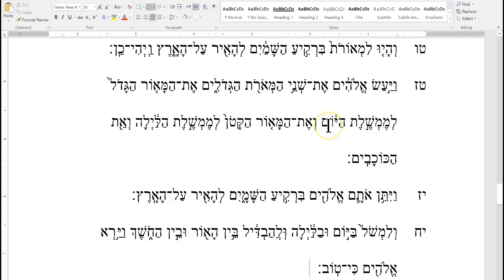This is a construct. Va'et ha-ma'or, and the light, what kind of light? The ha-katan light, and the little light, lememshelet, for a governing thing, halayla, so again a construct. Sometimes you can see these little accents. They'll point to the words to give a little hint that it's construct. For a governing thing of the night, va'et ha-kokavim, and God also made the stars.